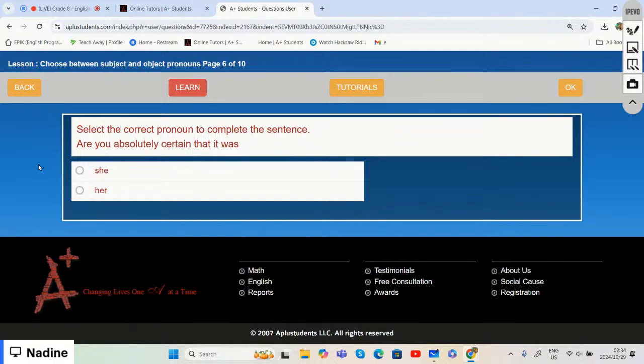All right. And if we were to select the correct pronoun to complete the sentence, we would say, are you absolutely certain that it was she or that it was her? Which one is correct? She or her?